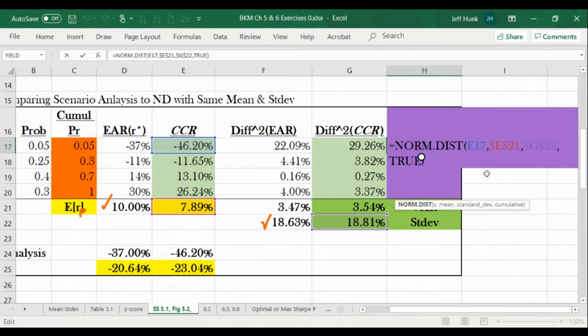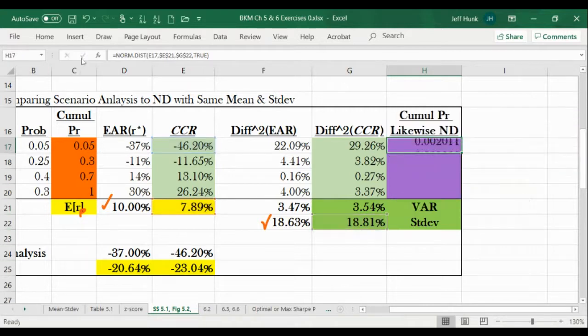and then the mean of that distribution, mean of the likewise normal distribution, right? And the standard deviation. And TRUE or 1 means it's the cumulative distribution function, cumulative probability distribution function, right? So you hit enter, and then that is the probability of normal distribution.